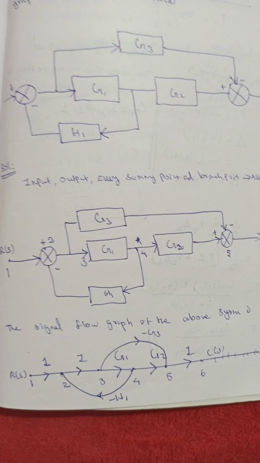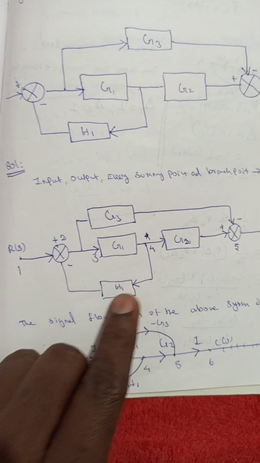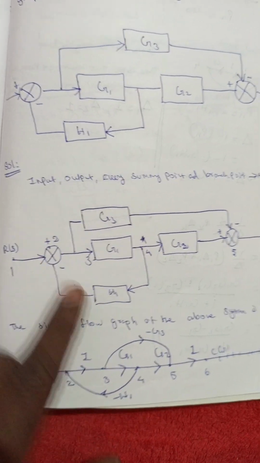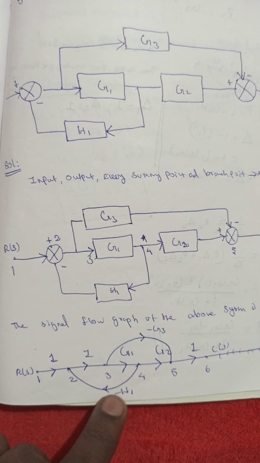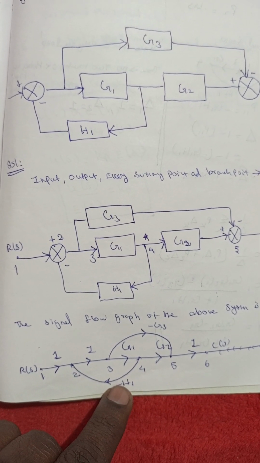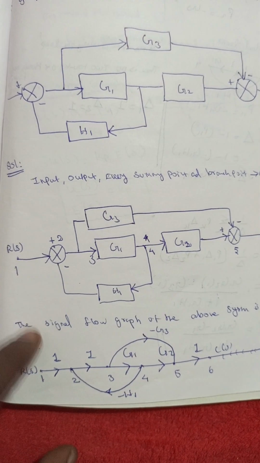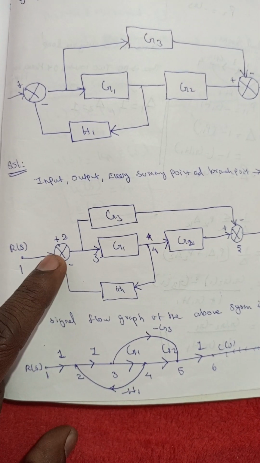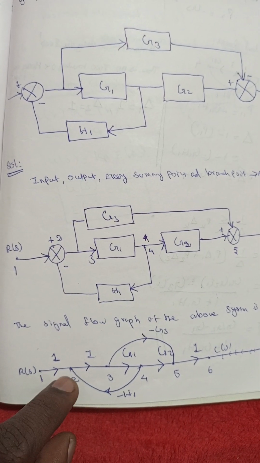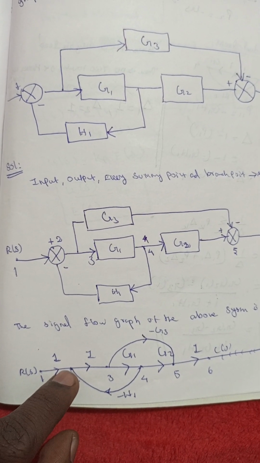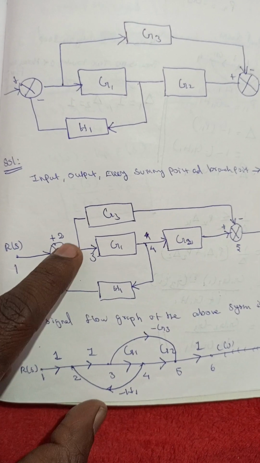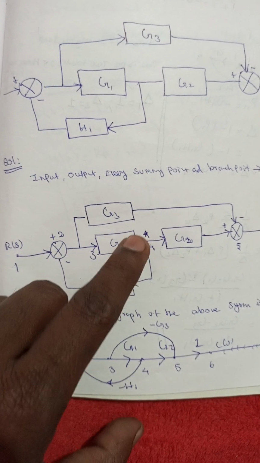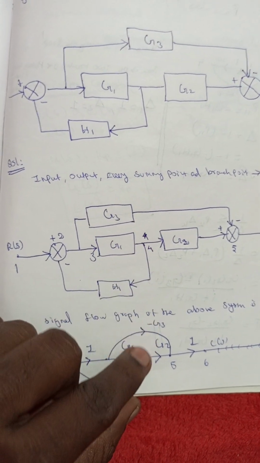This is one loop, and it has a feedback, negative feedback, which goes 4 to 2. So 4 to 2, and it has a negative feedback. So mark this as minus H1, and again the summation is marked as 2, and the junction here is marked as another node, and the junction here is marked as another node.